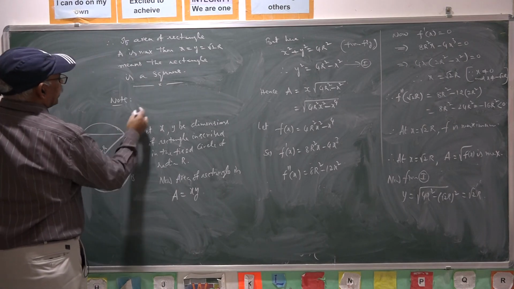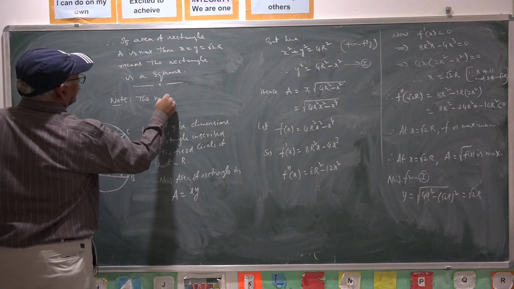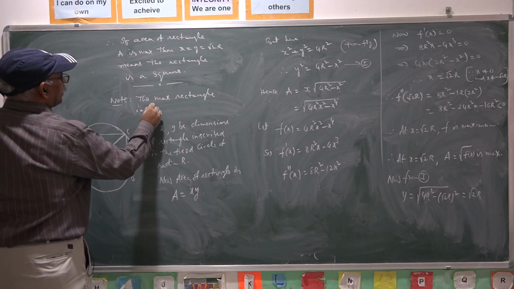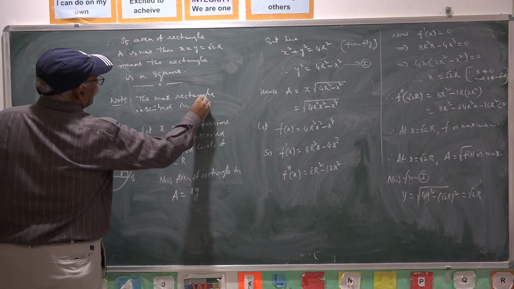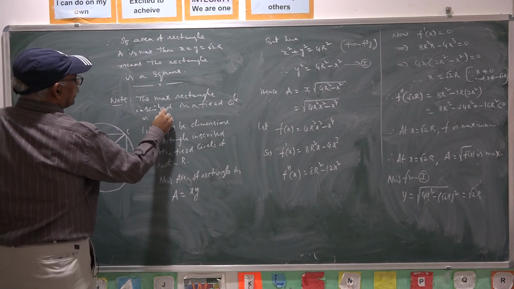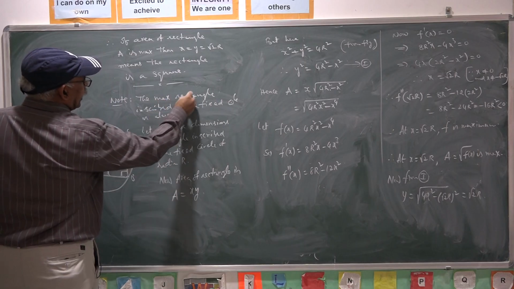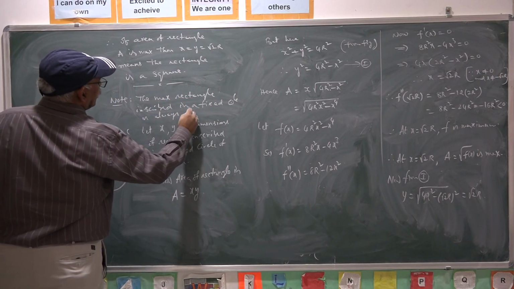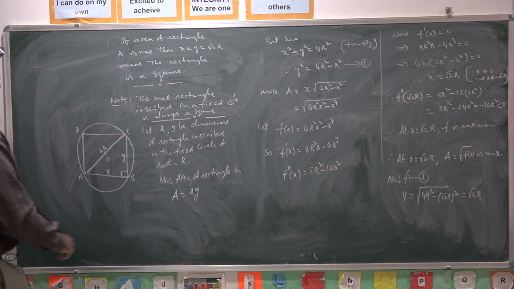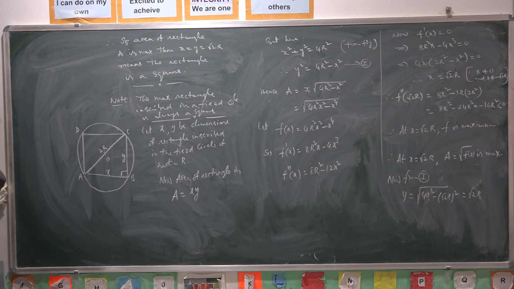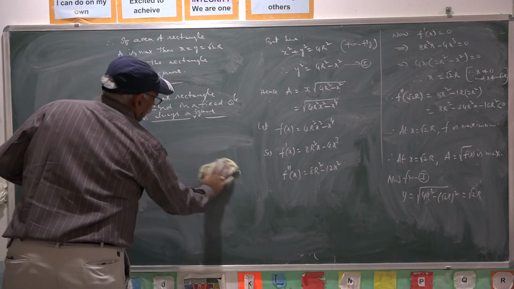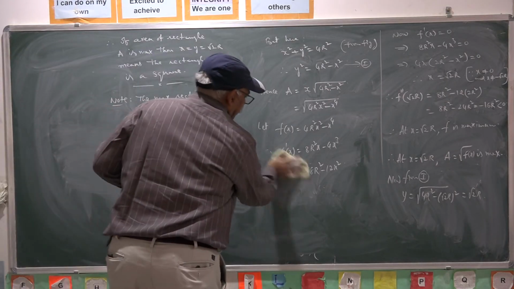Hence, you can conclude that the maximum rectangle inscribed in a fixed circle is always a square. That is to be considered as a note point. It's one important problem related to maxima.